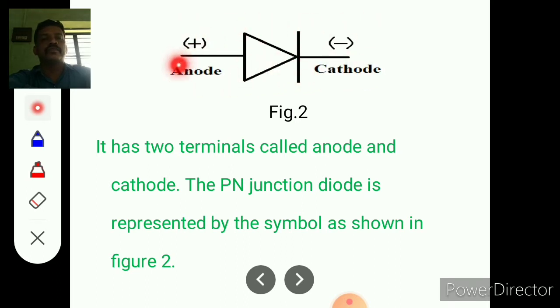So this is the direction of conventional current flow, but practically the current is flowing from negative to positive, meaning electrons are moving from negative to positive. But conventional current flow is from anode to cathode, or from positive to negative.